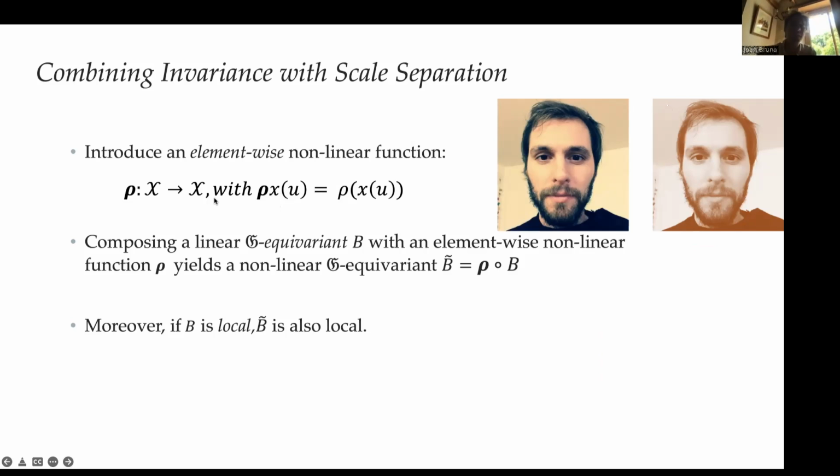And so now I'm in business, because if I take a mapping B that is linear and equivariant to G, and I compose it with one of these element-wise nonlinear mappings, I have a new operator, this B tilde, and I claim that this operator is still equivariant.